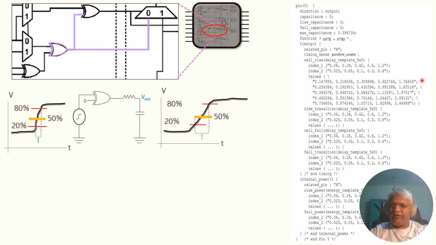So this whole value will be represented by the first value of the index, and the second value, like that. So for each transition and load, the delay table will be mentioned.